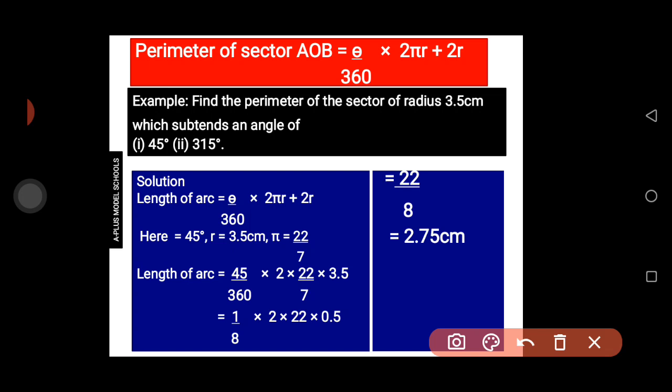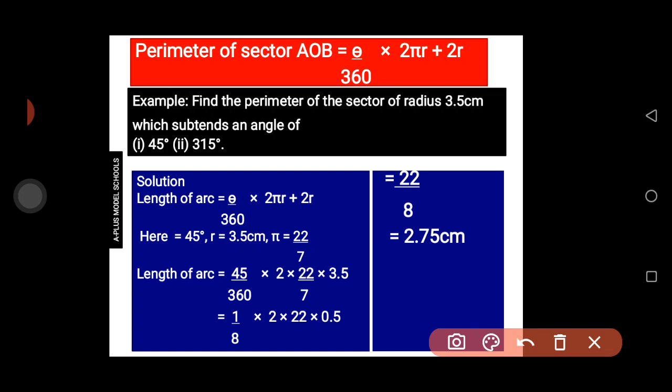So it means the perimeter is 2.75. Then plus, so here you are going to add this one to it on your own. That's why I left some of the workings, for those of you that are reading this. So that will be 2.75 plus my 2r.